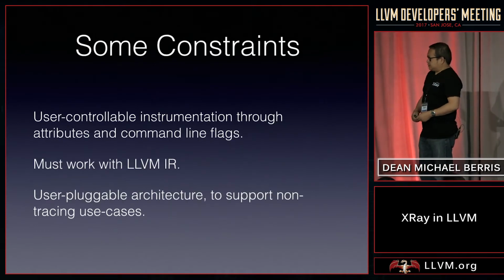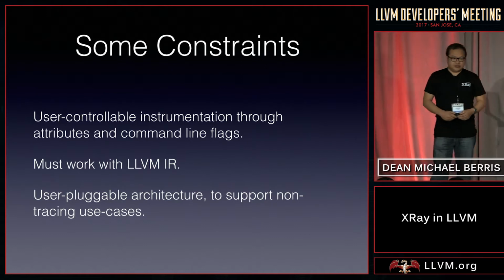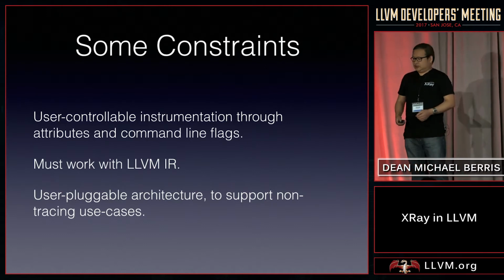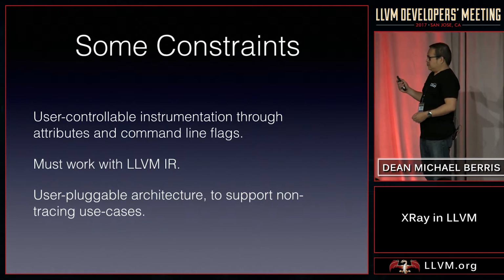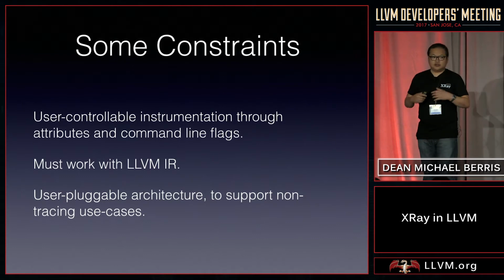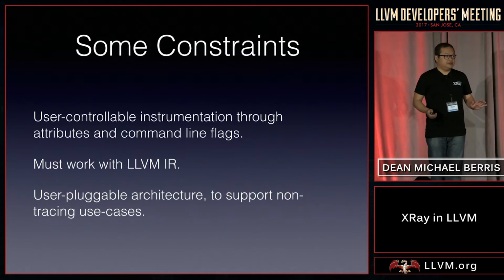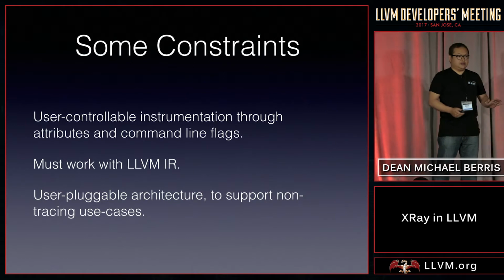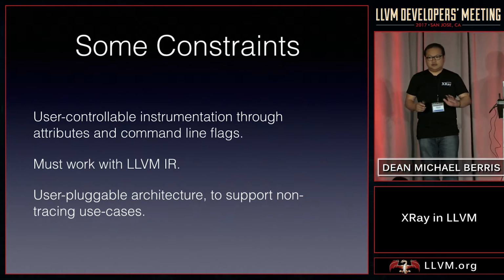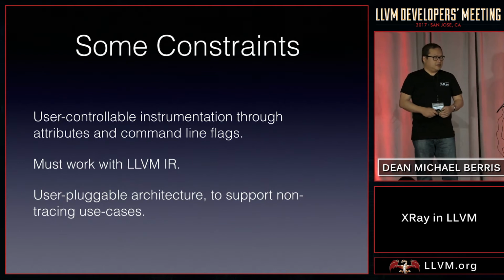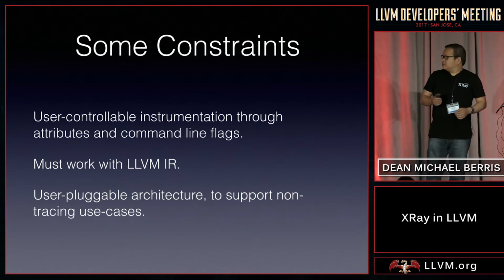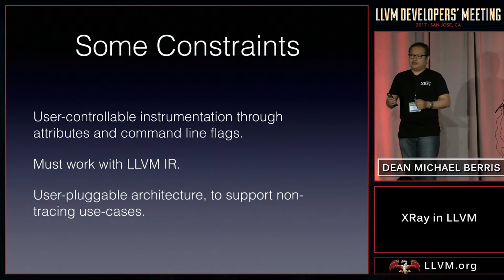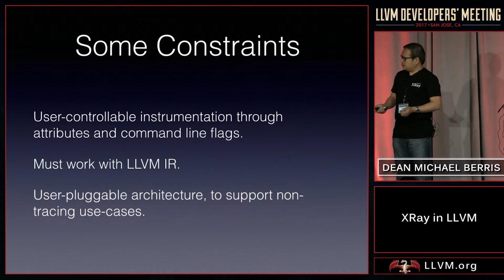So some constraints: we want it to be user controllable. For example, we want to be able to turn off all the instrumentation and let the user decide, hey, I actually don't want anything in this file to be instrumented, so there's a flag for that. And if you only want certain functions in a file to be instrumented, we have attributes for that.